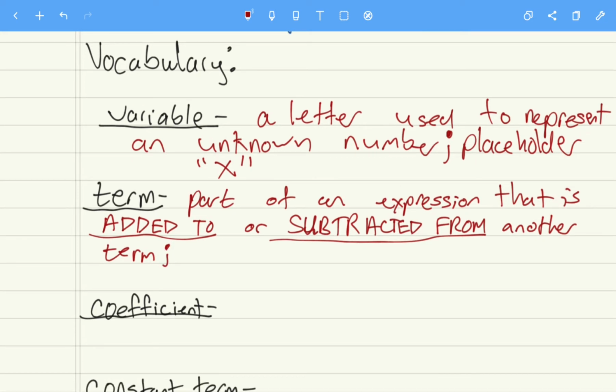So terms are separated by adding or subtracting.